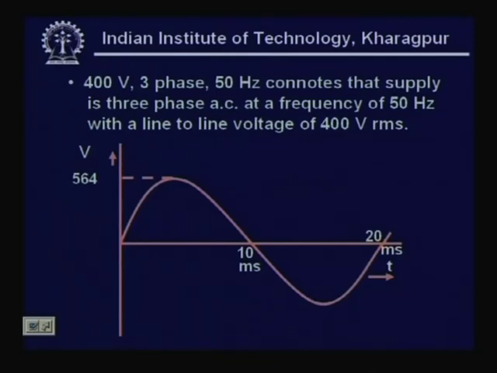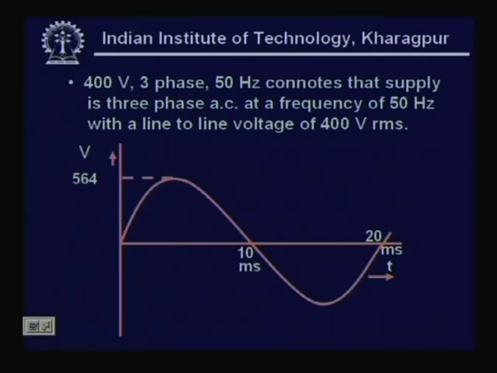A little later, we will be looking into the generation aspect of a single phase AC generation, which shows to us that the generation by nature is sinusoidal, and the easy way of expressing the complete sinusoidal voltage is in terms of what we call phasors or RMS values, and it is known that for a sinusoidal waveform the peak to RMS ratio is root 2. Therefore, we have 400 root 2 as 564.